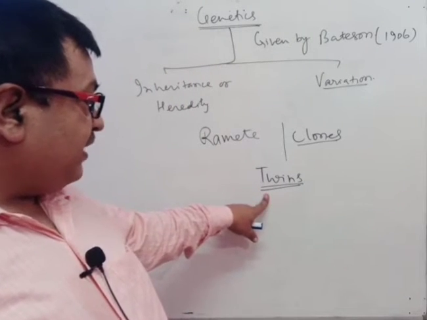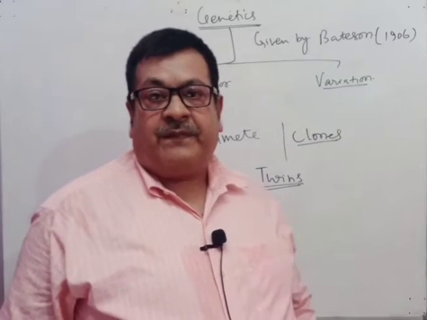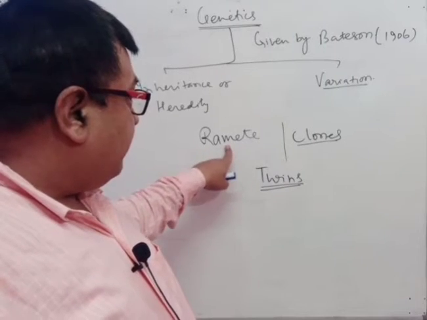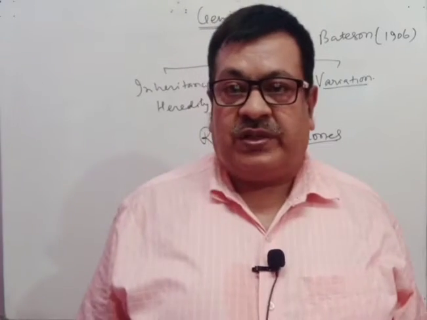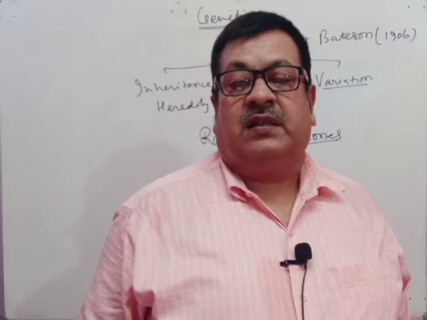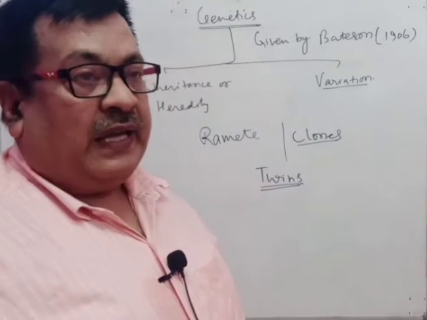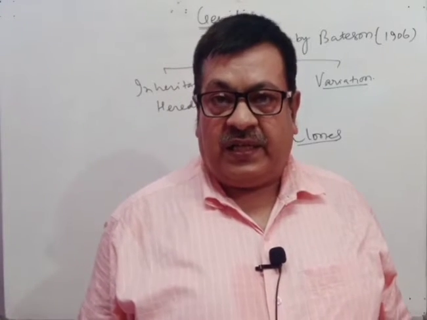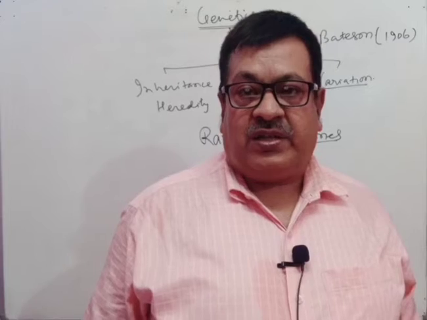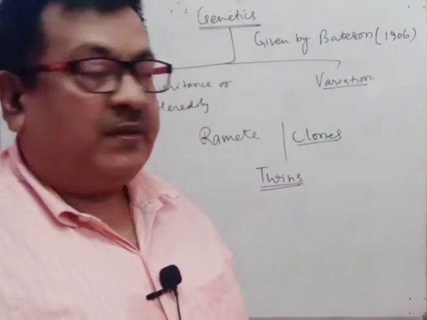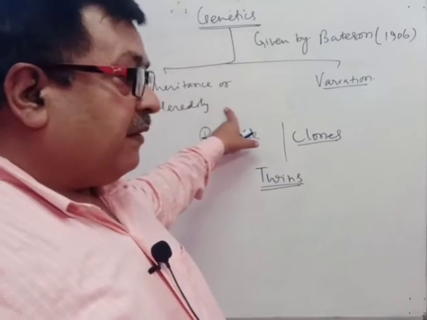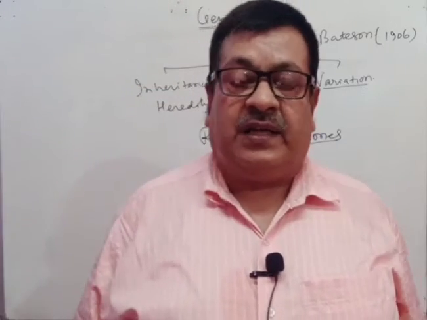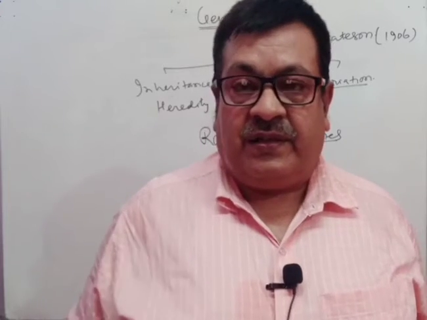It has greater variation than clones, because twins are produced by fusion of gametes through sexual reproduction. So, compared with asexual reproduction, sexual reproduction contains more variation, but asexual reproduction has very much inheritance or heredity, meaning constancy of characters from one generation to another.